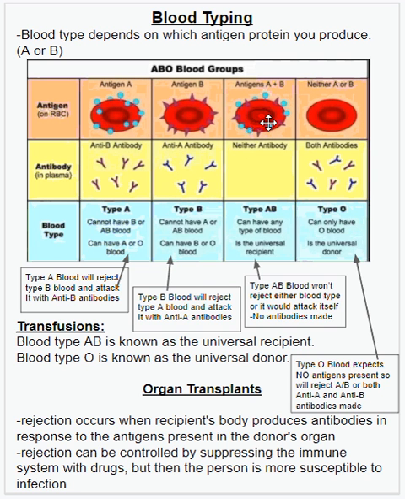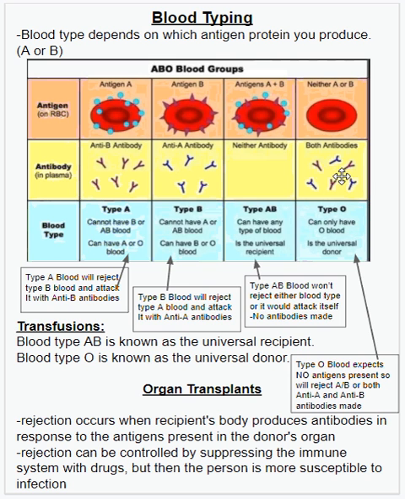A person who's AB blood, though, they can't have either one of those or they'd attack themselves. So they don't produce the antibodies for anti-A or anti-B. And a person who's type O, because they expect neither of those proteins to be there, they will have both anti-A and they will have anti-B antibodies.